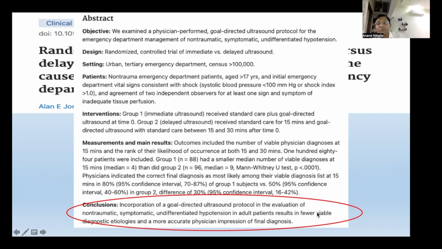Initially you are not sure whether you are dealing with cardiac shock, septic shock, or something else. But with immediate and delayed goal-directed ultrasound, your diagnostic options shorten and you reach a more accurate diagnosis.